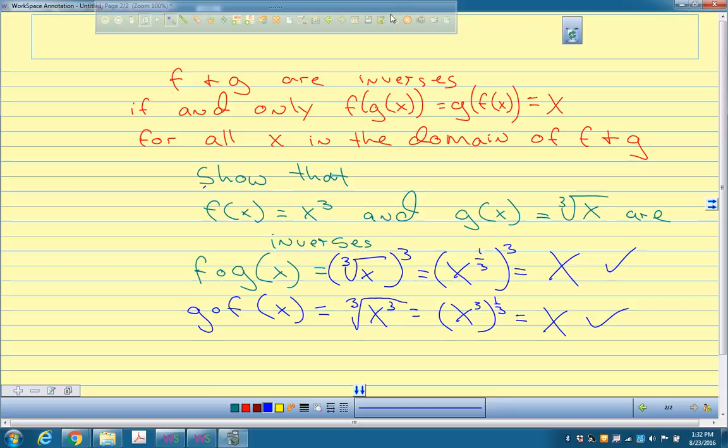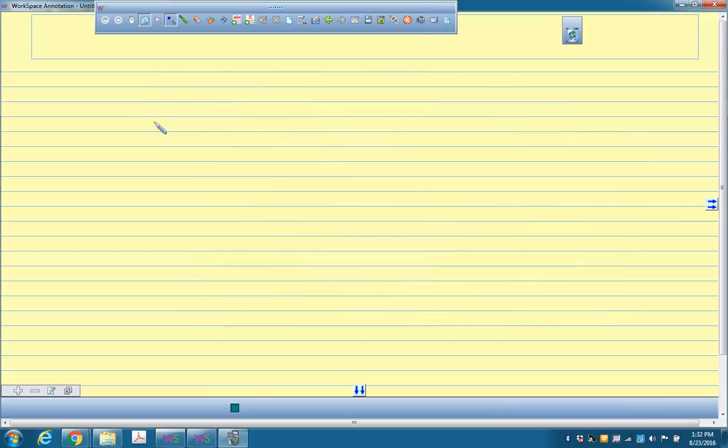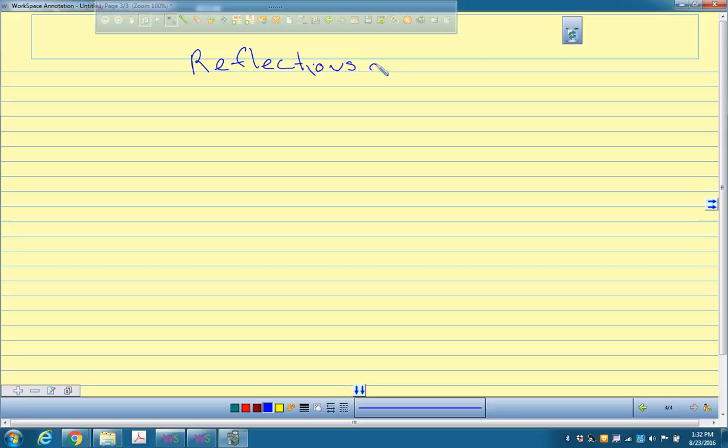So that's the next page, okay? Reflections over the line y equals x. I guess I should say inverses are.